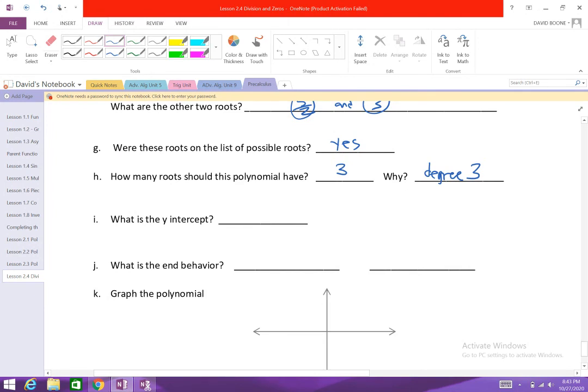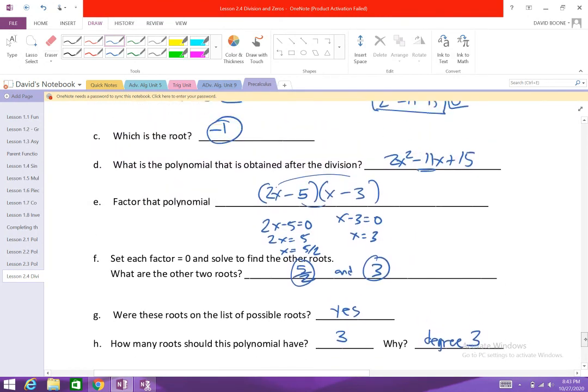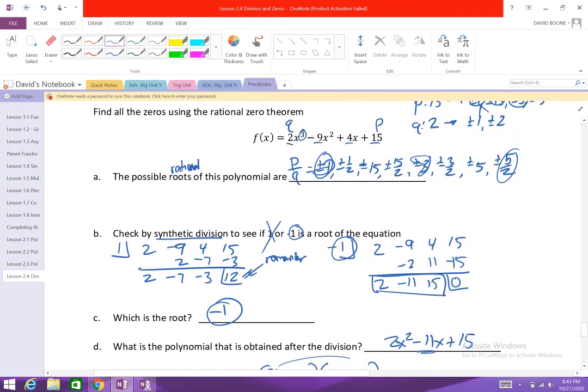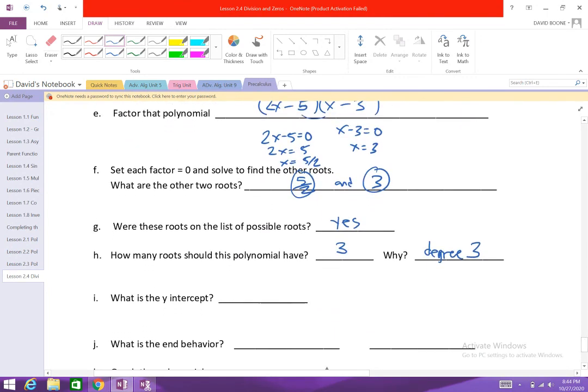What is the y-intercept? Well, if I want to find out what the y-intercept is, I've got to put x equals 0 into this function. Okay, so I'm finding f of 0 of that function. So I'm going to jump back and forth here.